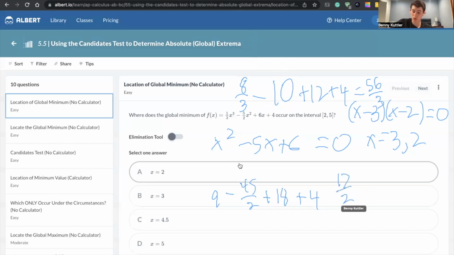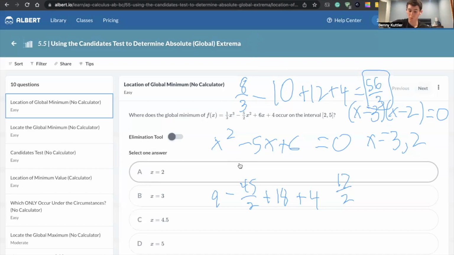So if we look between these 2 points, this 56 over 3 is bigger than that 17 over 2. Let me just check that to make sure. It's almost 20. Calculators come in handy. 56 over 3 is 18. Yeah, it is bigger.